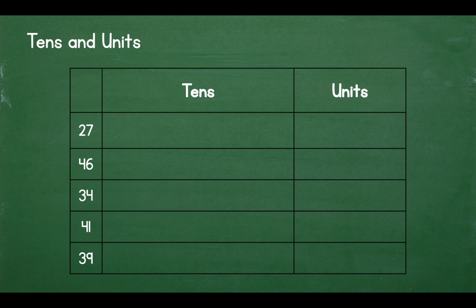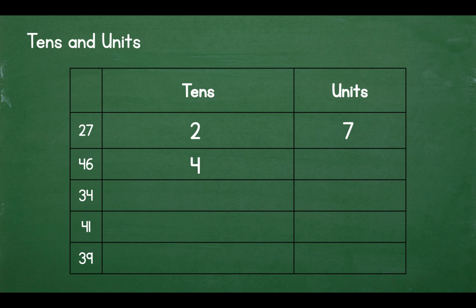So for our tens, when we're looking at the number 27, how many tens do you see in the number 27? 2. And then how about our units? We're looking at the number 27. How many units do we have? 7. So we have 2 tens and 7 units that make up 27.